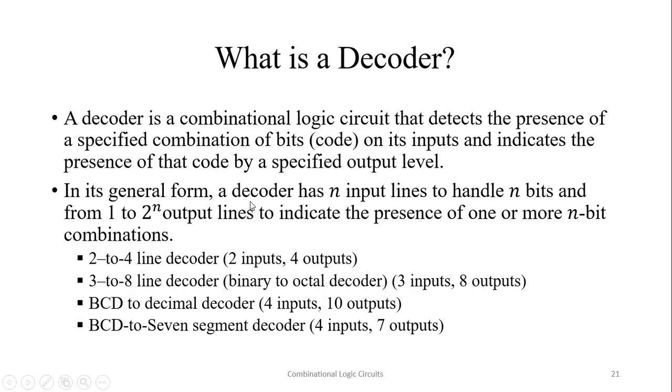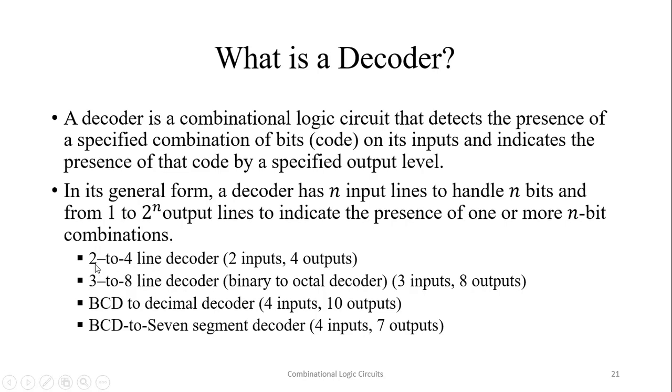In its general form, a decoder has n input lines to handle n bits, and from 1 to 2 raised to power n output lines to indicate the presence of one or more n-bit combinations.